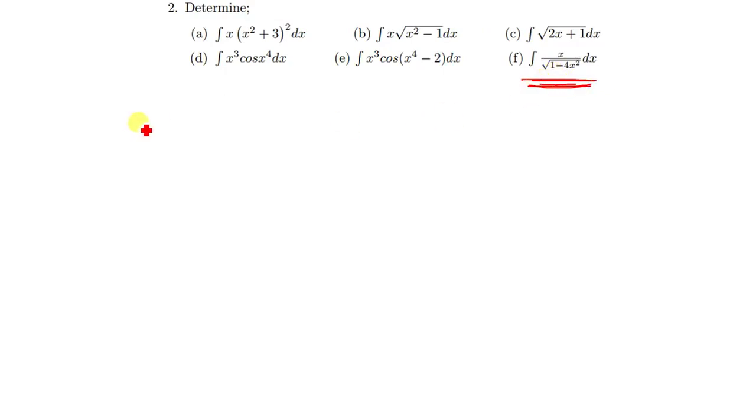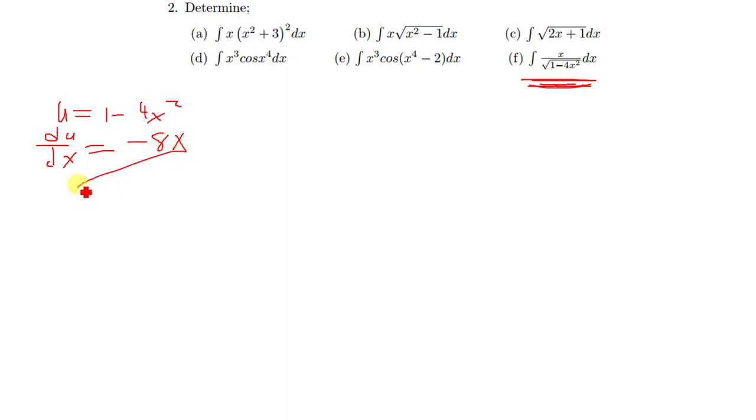So we're going to have x. Yeah, so even there you can say let u be equal to 1 minus 4x squared, such that when I find my du dx, I'm going to have negative 8x.